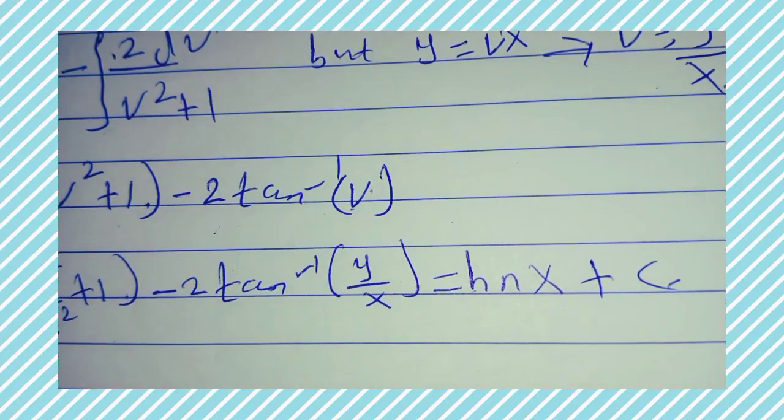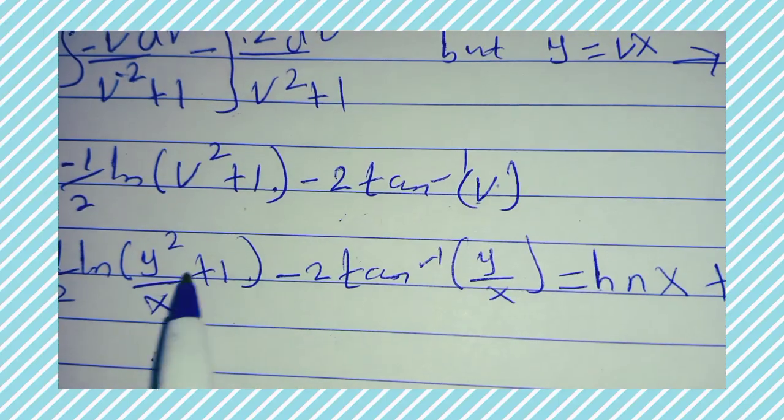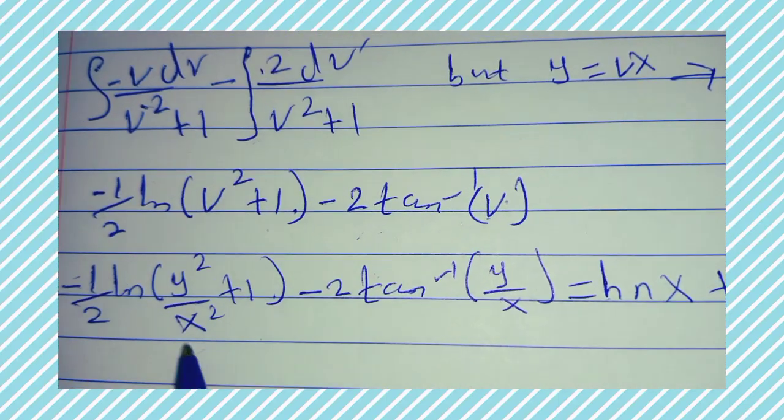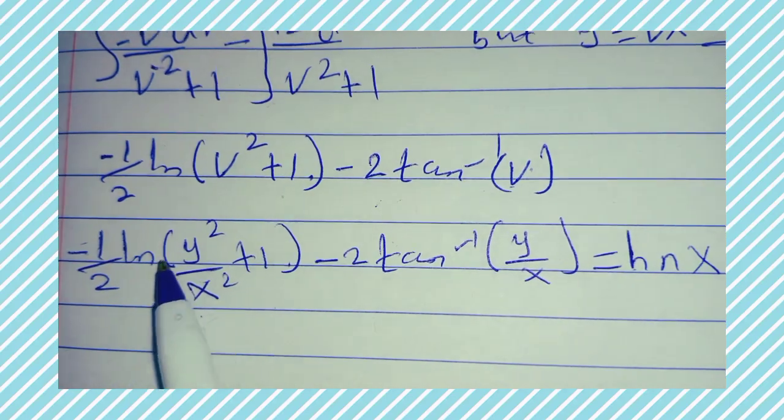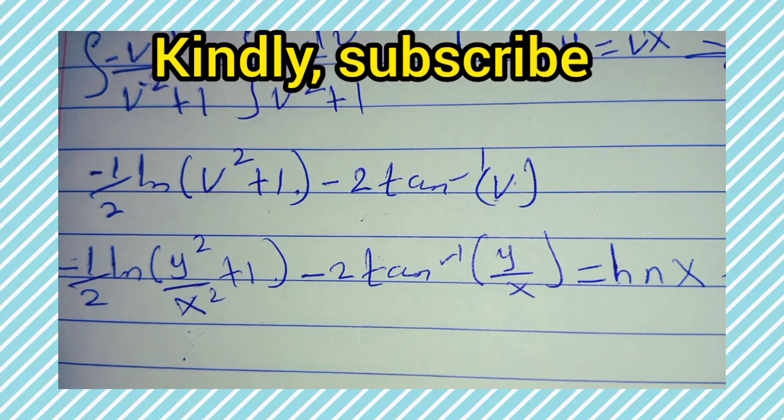Now you can decide to leave it at this or you simplify, but even if you leave it at this, it is okay in this format, which can further be simplified if you find it necessary.